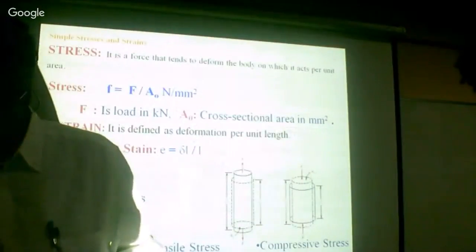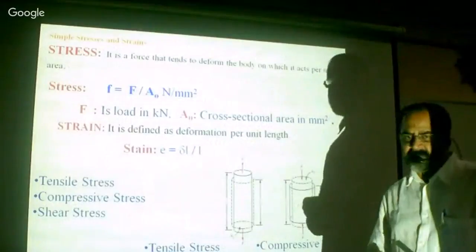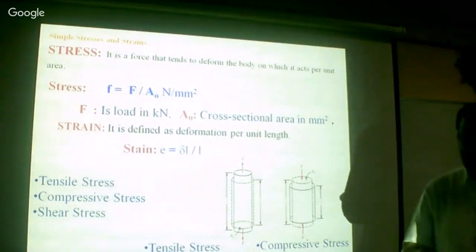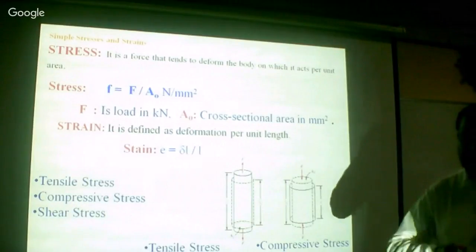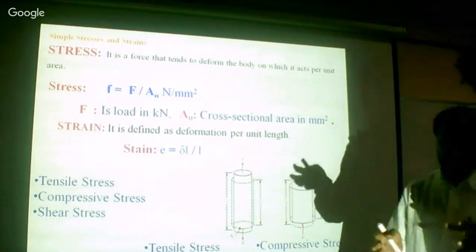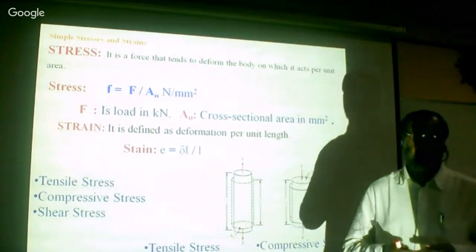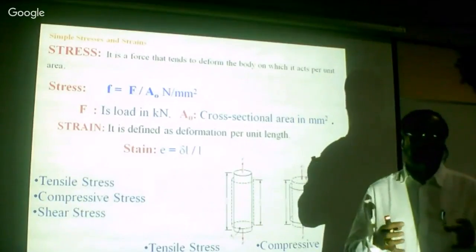We have also discussed the stress. Stress is an internal resistance set up in the material against the external load. In this there are tensile stress and compressive stress. Tensile stress is the stress induced against the tensile force.